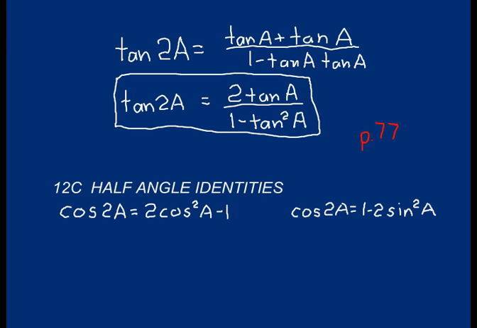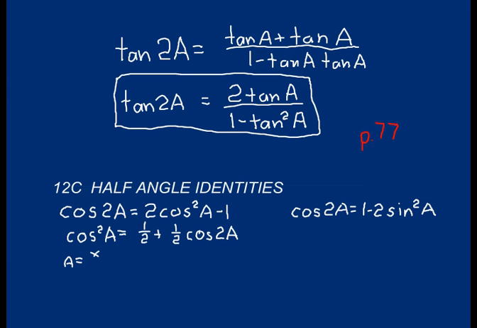So let's start with the one on the left here, and let's rearrange that to solve for cosine squared A. If we got cosine squared A by itself, we could see that it would rearrange to half plus half cosine of 2A.